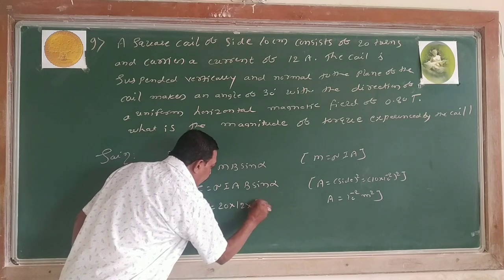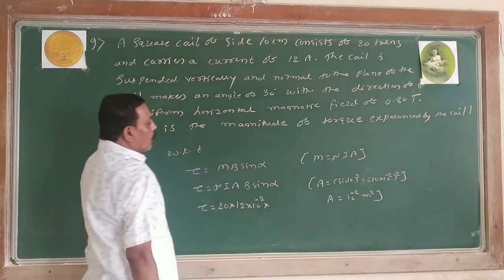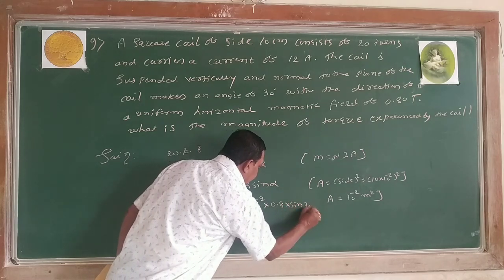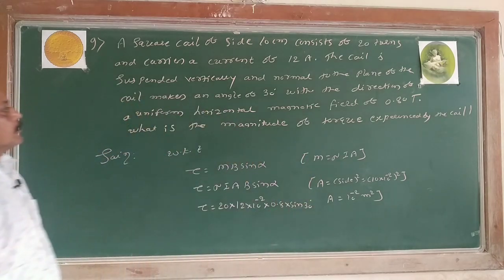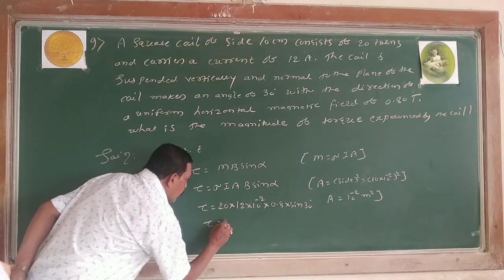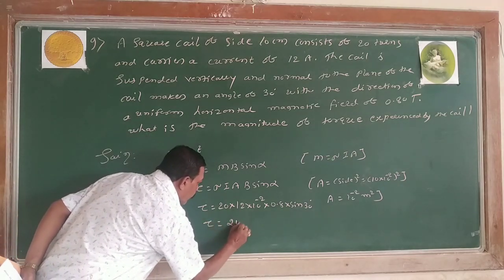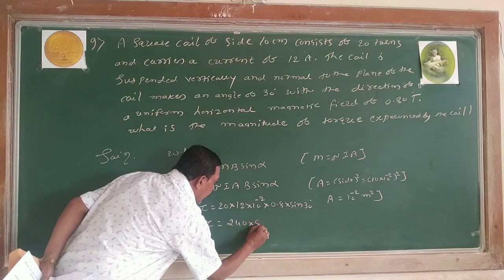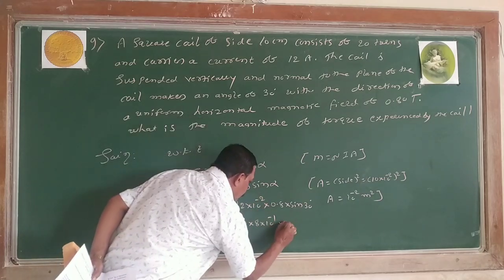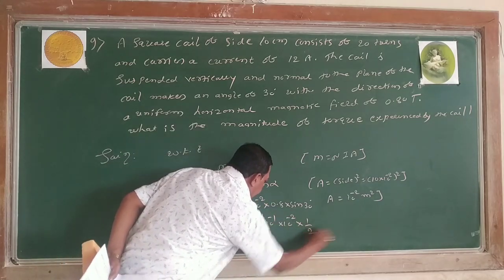What is magnetic field? 0.8. Sine 30 degree. Right? Alpha is directly given. So 24, 240. 8 into 10 to the power of minus 1, into 10 to the power of minus 2, into 1 by 2. Right?